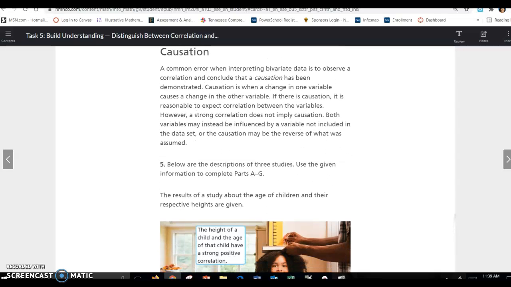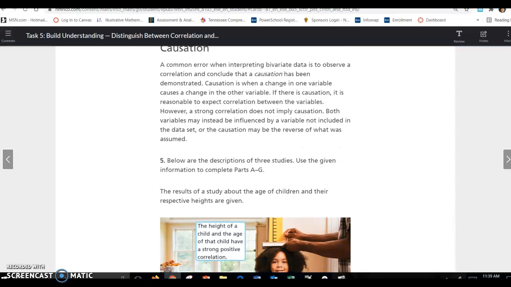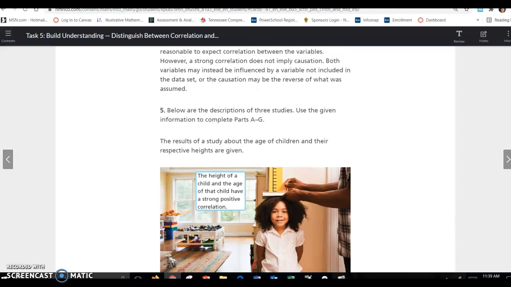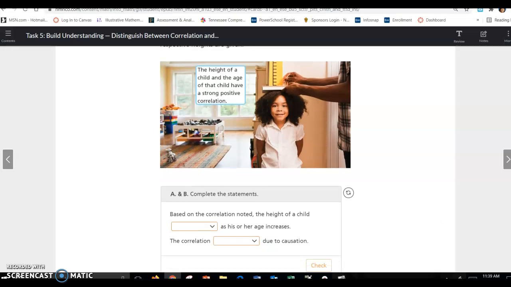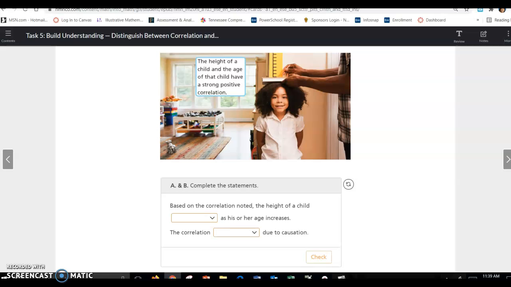Below are the descriptions of 3 studies. Use the given information to complete parts A through G. All right, the results of a study about the age of children and their respective heights are given. The height of a child and the age of that child have a strong positive correlation. So that makes sense. As the kid gets older, they get taller.